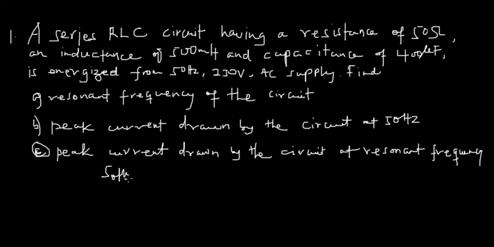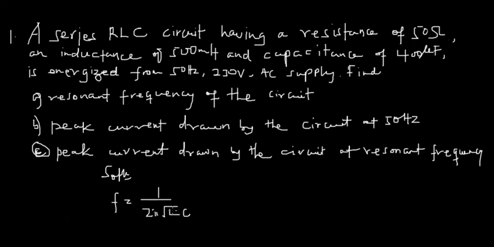For the resonant frequency, from my previous video on impedance, inductance, and capacitance, we got to know that the resonant frequency is equal to 1 over 2 pi root of LC, the inductance and the capacitance.